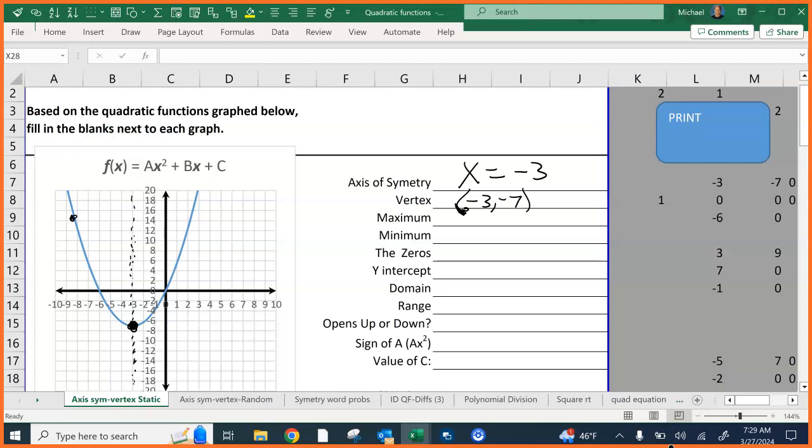Oh, I should also talk about why they call it the axis of symmetry. Let's take a point right here where I'm not on the graph, but I'm on the axis of symmetry. The distance from there to there is going to be the same as the distance from there to there. Just like from here to here is the same as the distance from here to here. That's what they call symmetry.